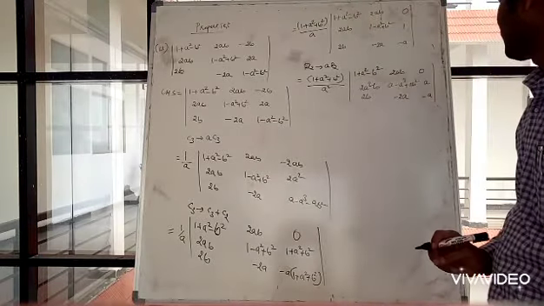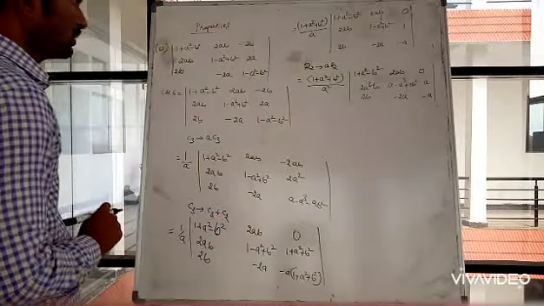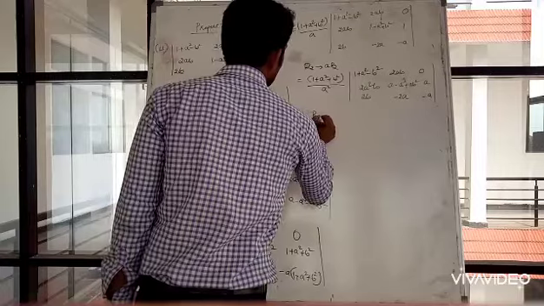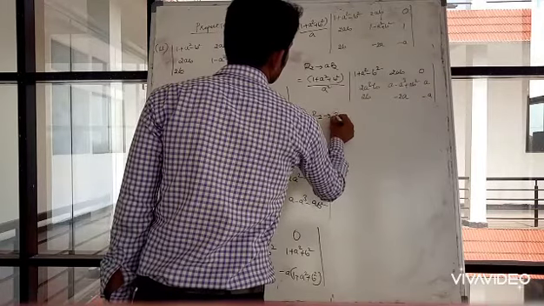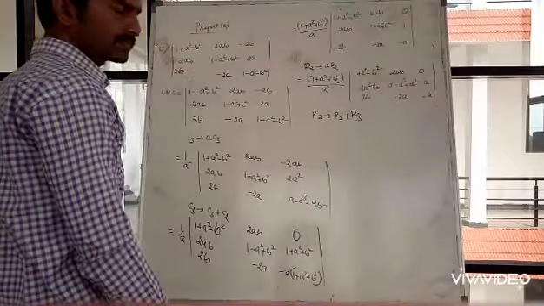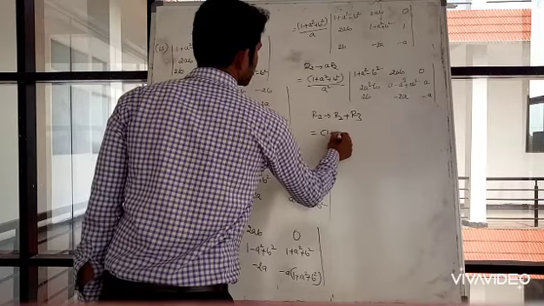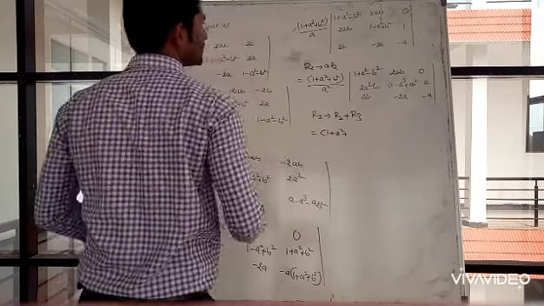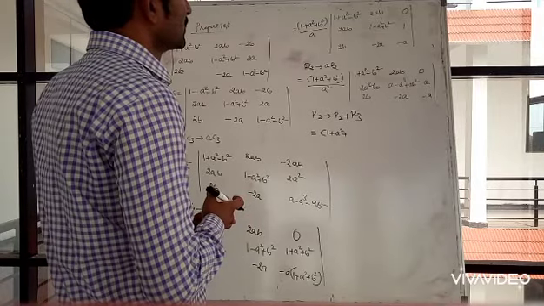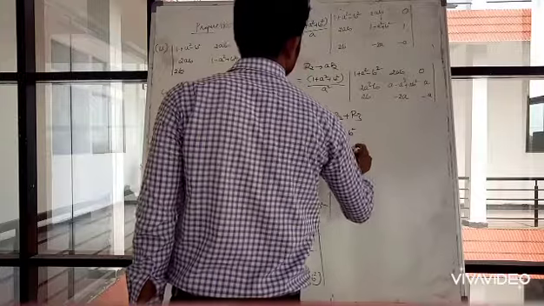Then add to make it 0: R2 implies R2 plus R3. Then only we get 0, which is equal to 1 plus a square plus b square.